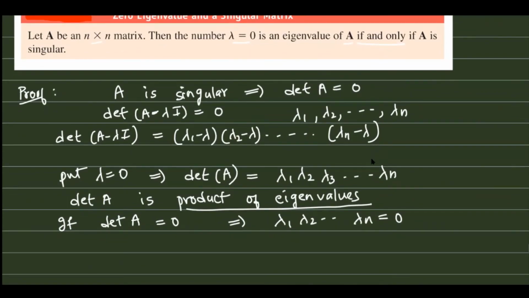So lambda i equal to 0 for some i. It means that at least one of the eigenvalues must be 0. So this implies 0 is an eigenvalue of A. So we have proved the one part.